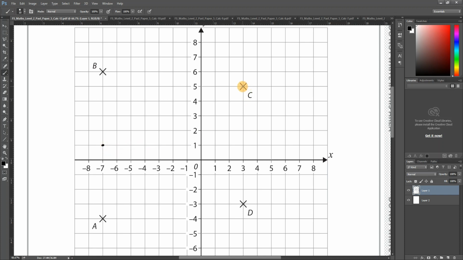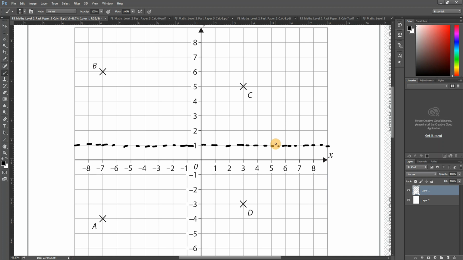Let's check this side as well. 1, 2, 3, 4, 5, 6, 7, 8. So I need to go 4 down from C. 1, 2, 3, 4. Yeah, so there's my line of symmetry straight through this. Let me just do it as a dotted line, just to show you guys. And I think it's a good idea to do it on your paper as well. There's your line of symmetry.